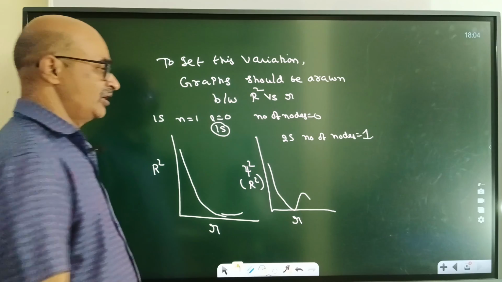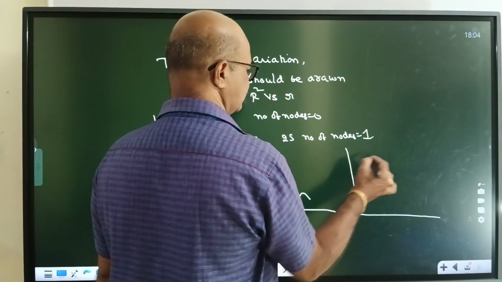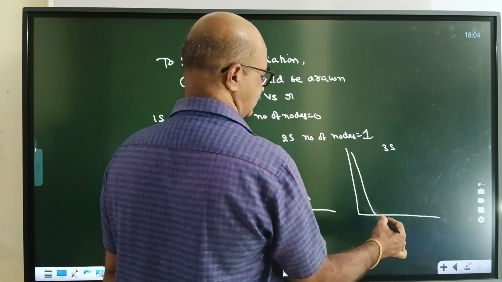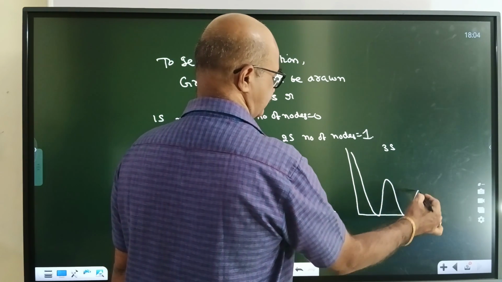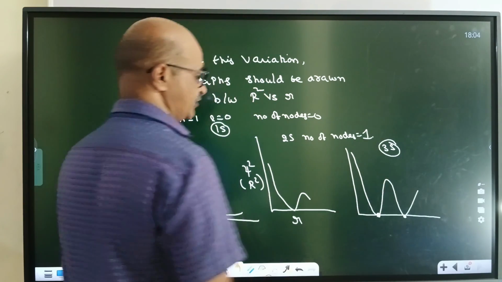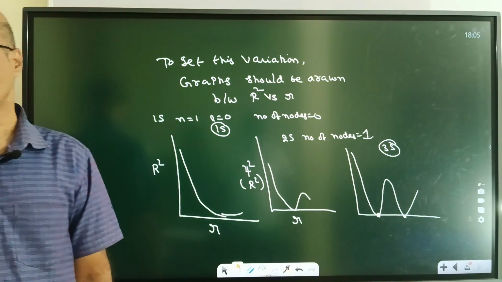For 3s orbital, the curve starts here. So number of nodes is 2. This is the graph for 3s orbital.